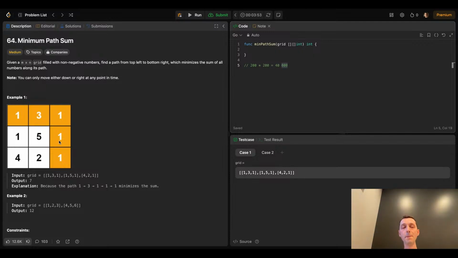But if we know the minimum and we saved it, the minimum path from that sub-problem, then when we get to it from another path, we don't have to redo it.